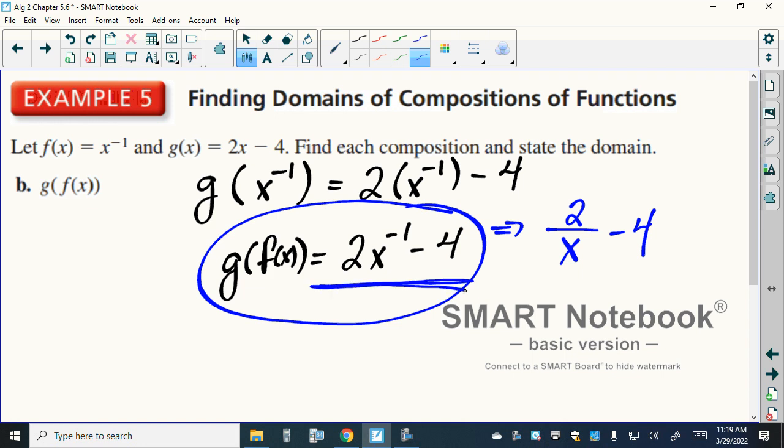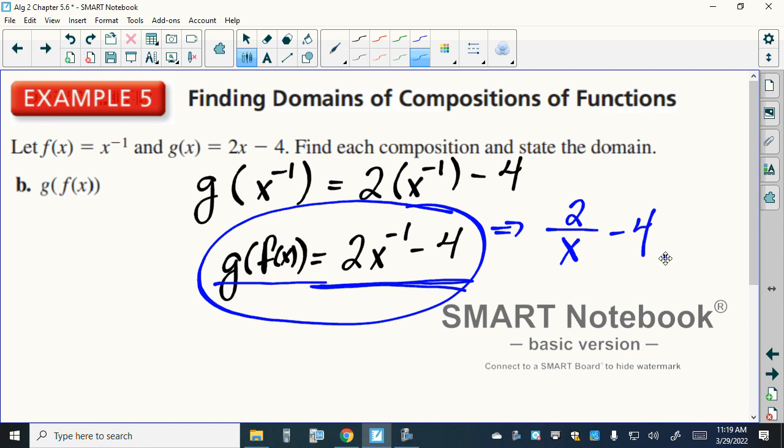Mainly this, but it would be good to have this, especially if it's asking for more than one on the same problem. You don't have to convert it this way here. Now, if one of them said for problem 13, find f of g of x and g of f of x, it wanted both for that same problem, then it's good to have that down to distinguish between the two.